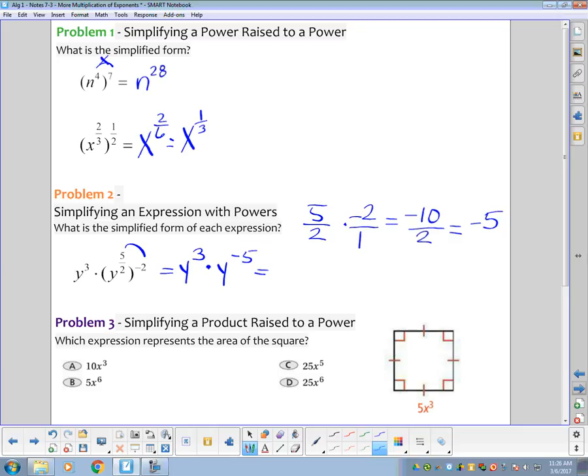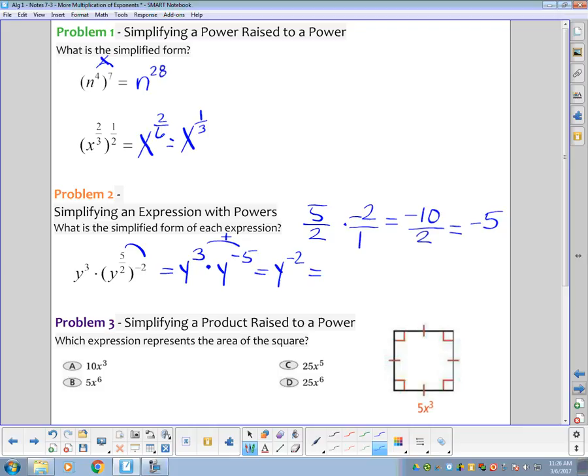When you're multiplying with the same base, you add the exponents. You'll be expected to do each of these things on the skill test Friday. Now, we don't want a negative exponent.